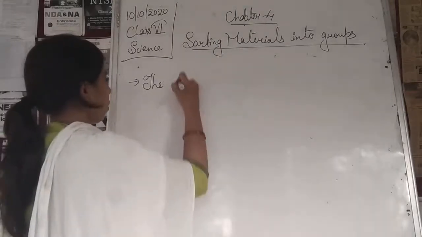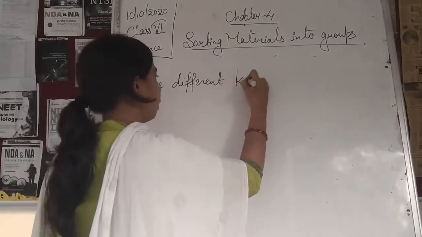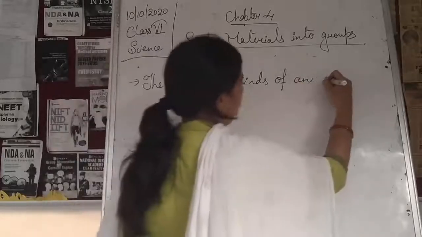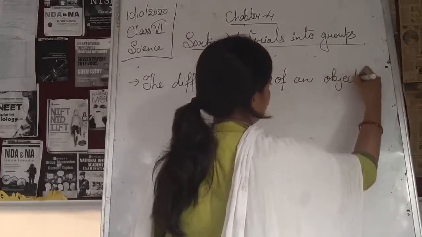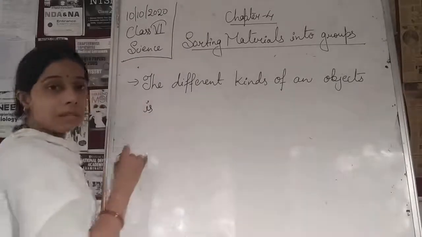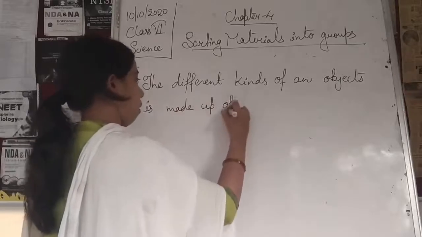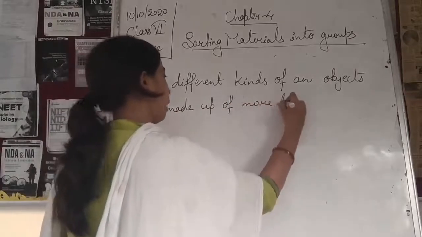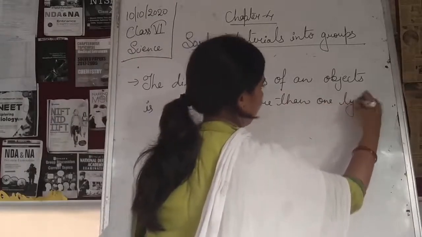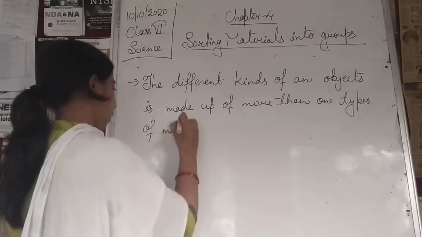The different kinds of an object is made up of more than one type of material.